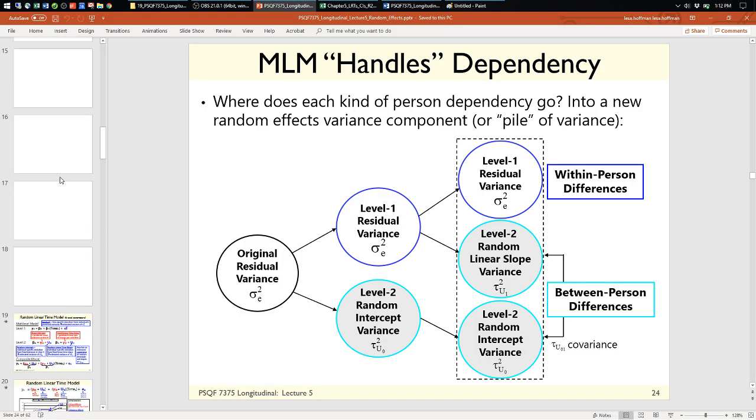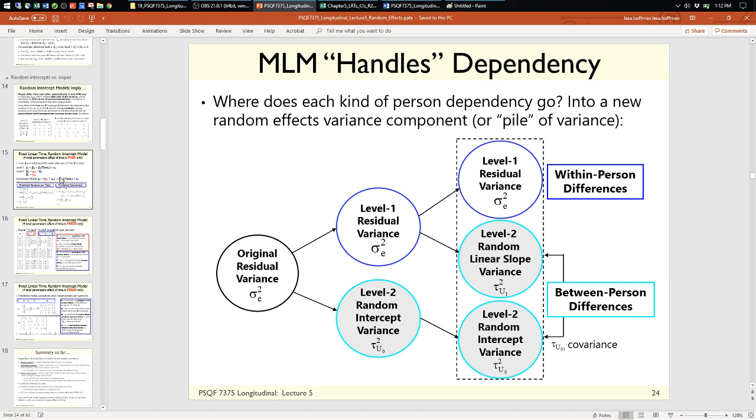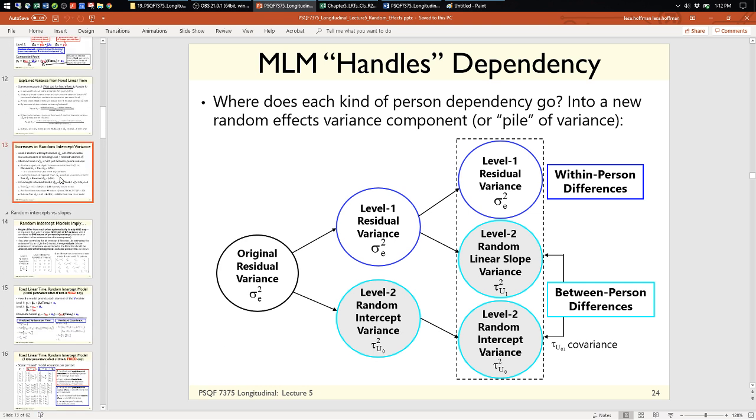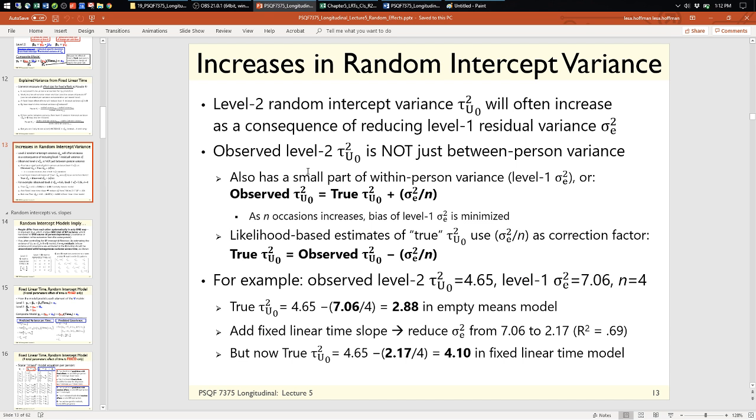Let me go back to that slide. The random intercept variance comes back because the model tries to estimate what the true variance is by taking the observed variance and reducing it by a function of the residual variance. So if you reduce this residual variance, there's going to be more variance here than there was before.